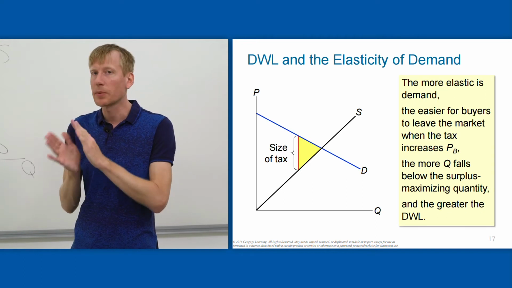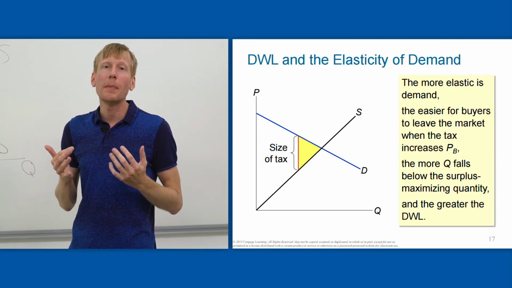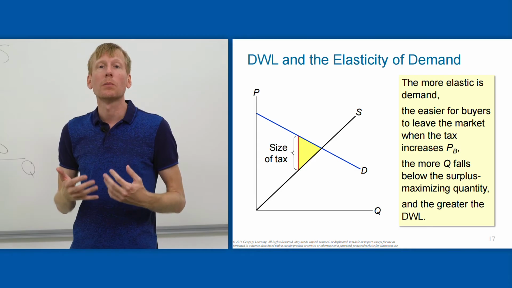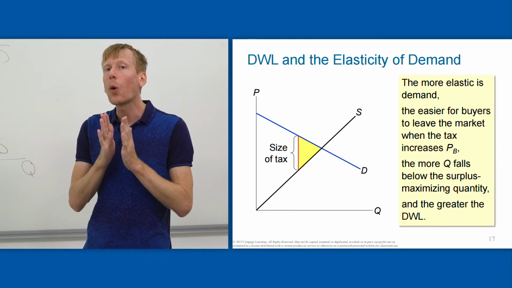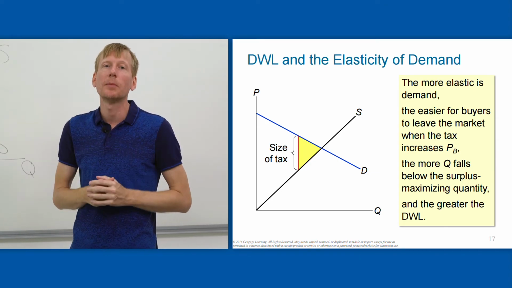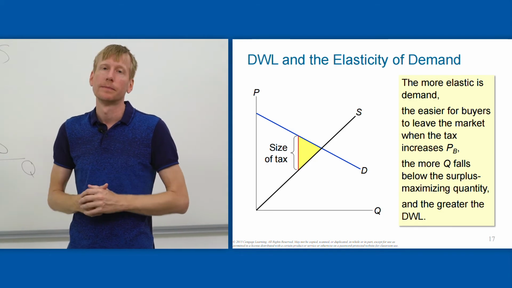If we take the same example, same supply curve, same size of tax, but now we allow demand to be elastic, so it's flatter, and consumers are more responsive to increases in the price, you can see the same wedge, that is the same vertical distance between the supply curve and the demand curve, but a much larger deadweight loss triangle.